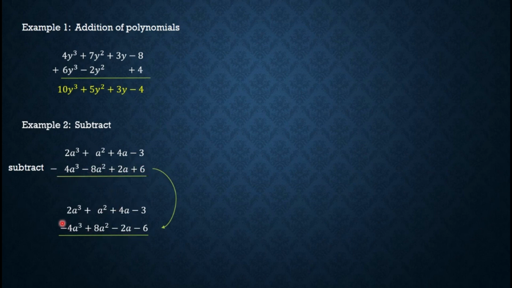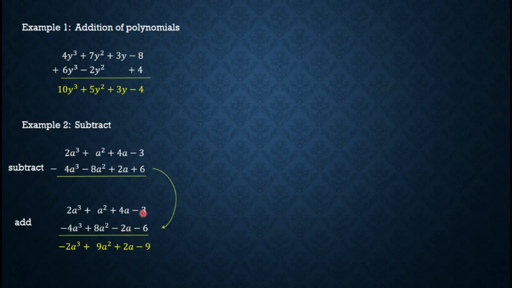Okay, so now this time you can add: 2e cubed plus negative 4e cubed is equal to negative 2e cubed, and then e squared plus positive 8e squared, the result is 9e squared. 4e plus negative 2e is equal to positive 2e.